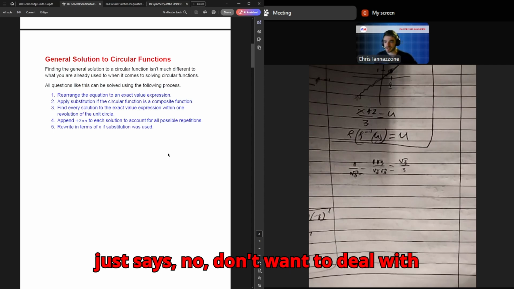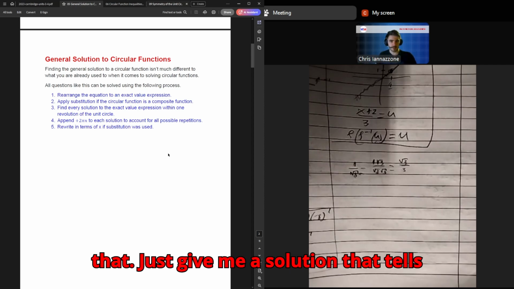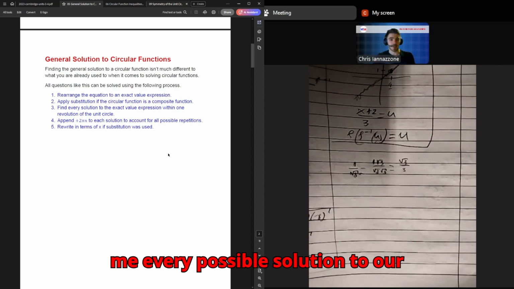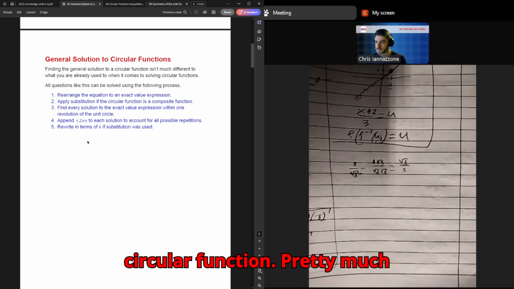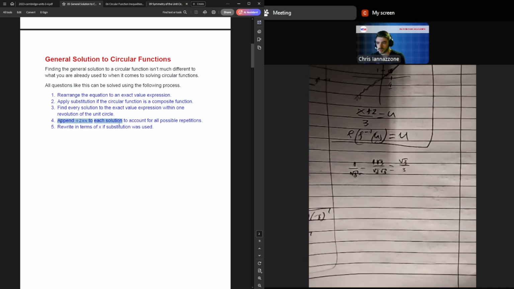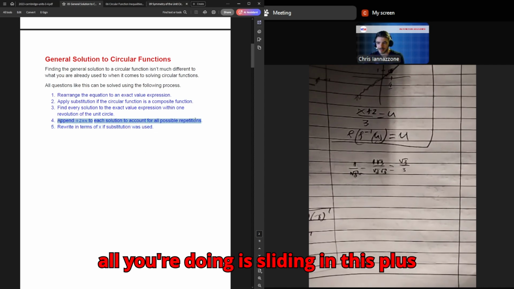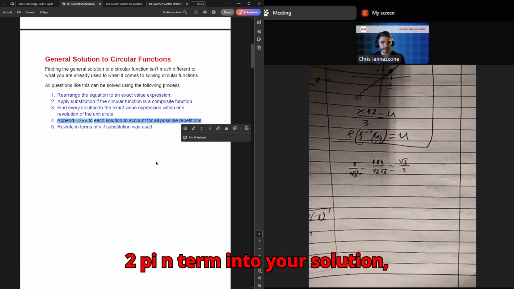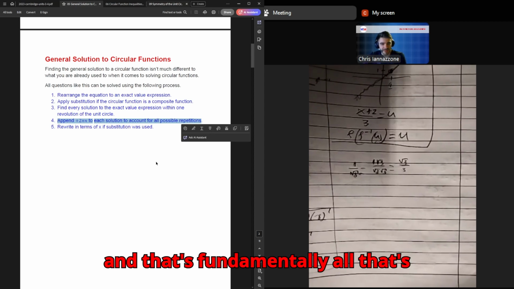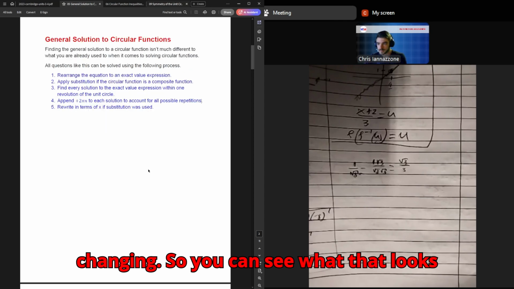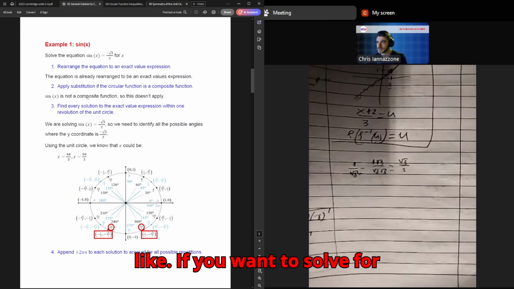The general solution just says, nah, don't want to deal with that. Just give me a solution that tells me every possible solution to our circular function. Pretty much all you're doing is sliding this plus 2 pi n term into your solution, and that's fundamentally all it's changing. So we can see what that looks like.